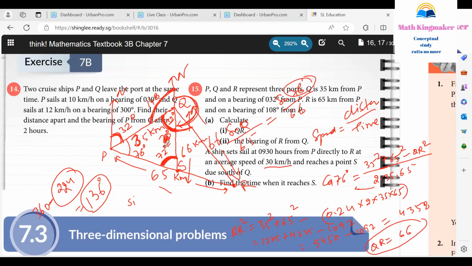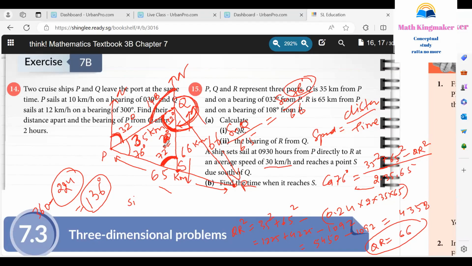So how much time will it take from P to S? First of all, the distance. How much is the distance PS? 33.53. It is going at the speed of 30 kilometers per hour. So how much time will it take?